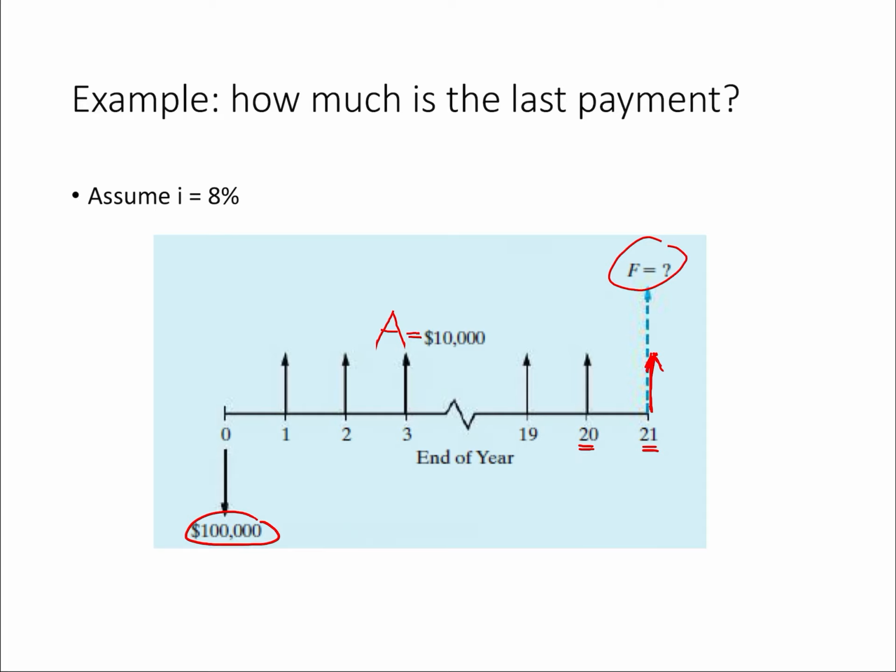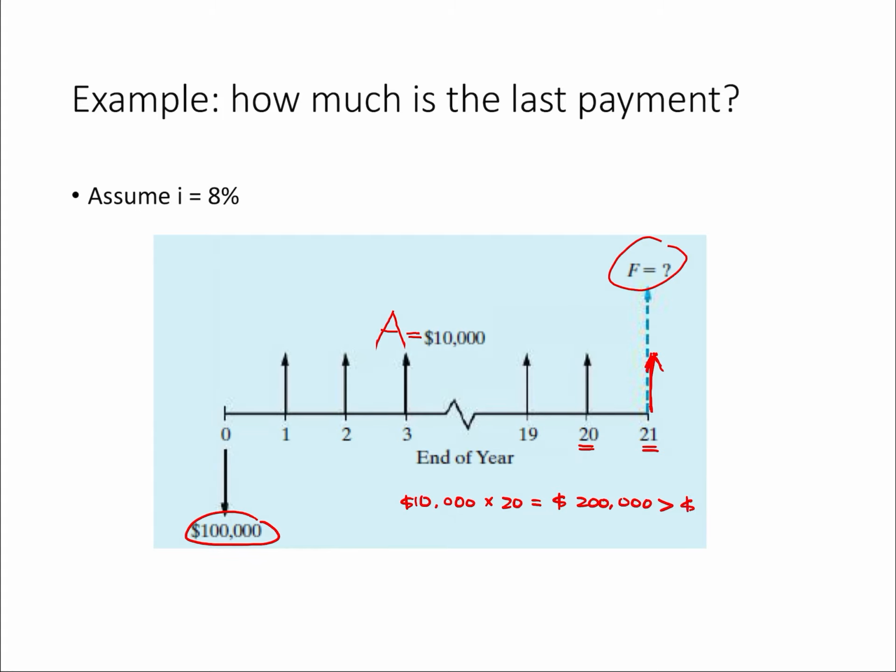So, in the class, I remember some students asked me, why after you paid 10,000 each year for 20 years, you still have to pay a lump sum, F? Isn't 10,000 every year times 20 what? 200,000.